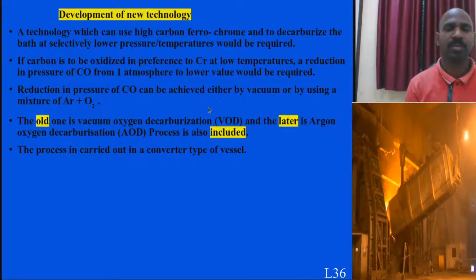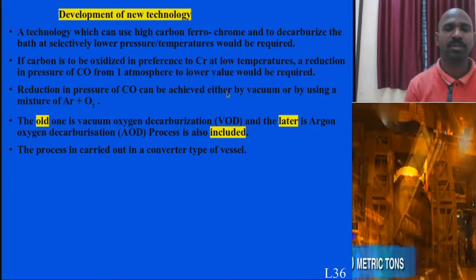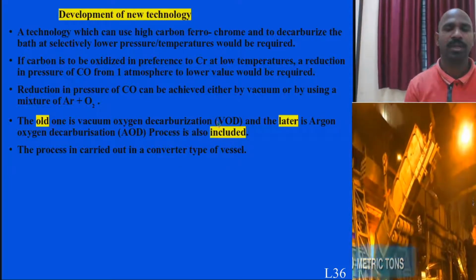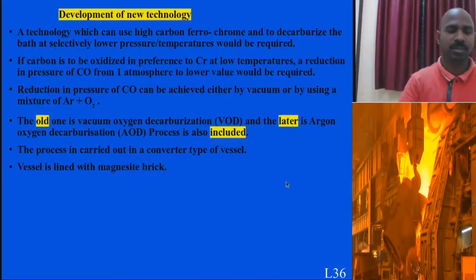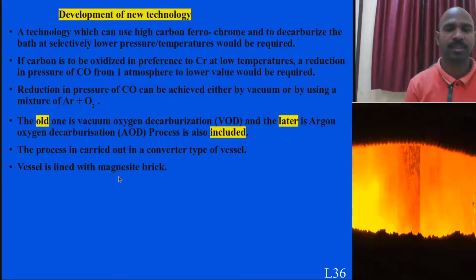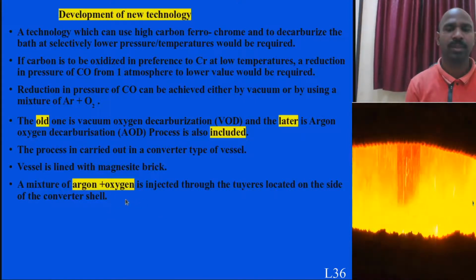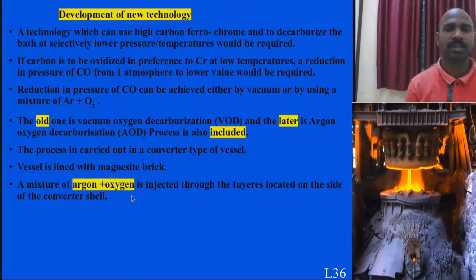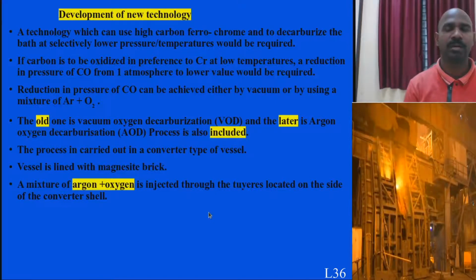This is mainly maintained to reduce the pressure levels. This design is maintained for the AOD and VOD vessels, and these vessels have a refractory lining made with magnesite bricks, and a mixture of argon oxygen is injected from the side tuyeres. Remember this particular point. From the top, oxygen lancing was done.